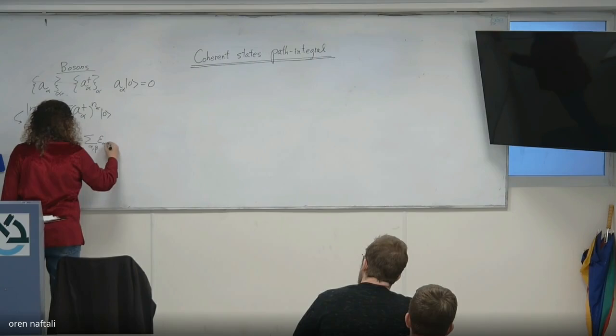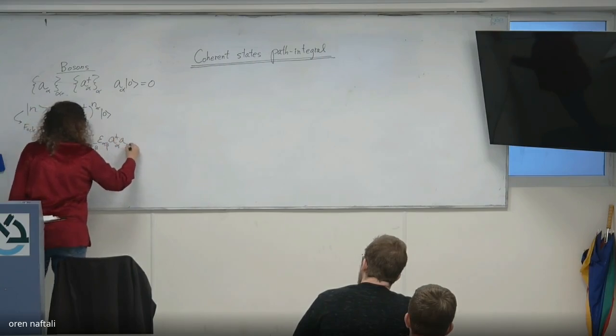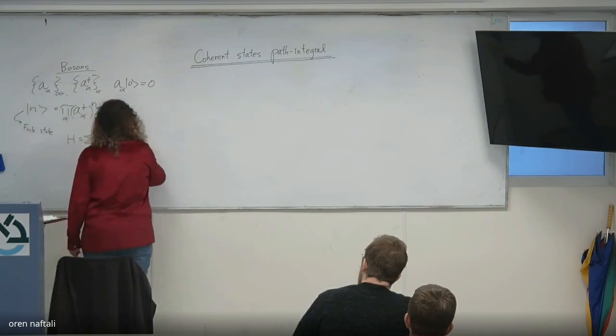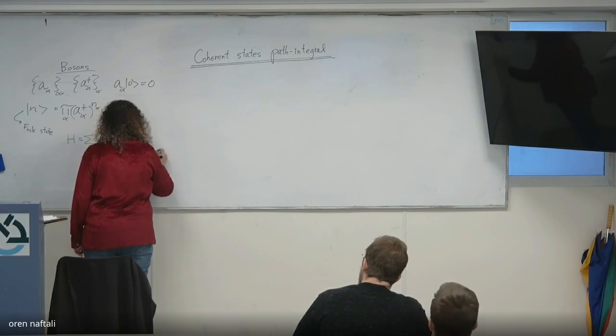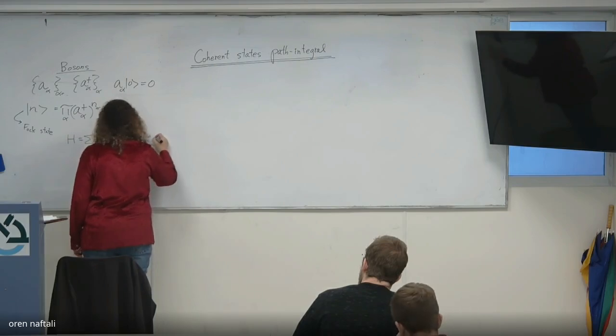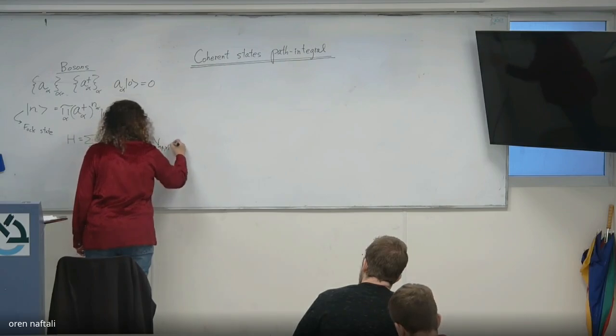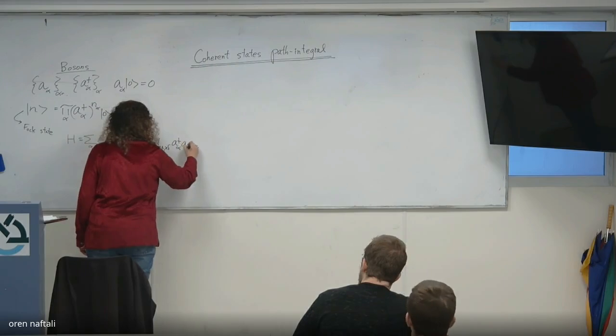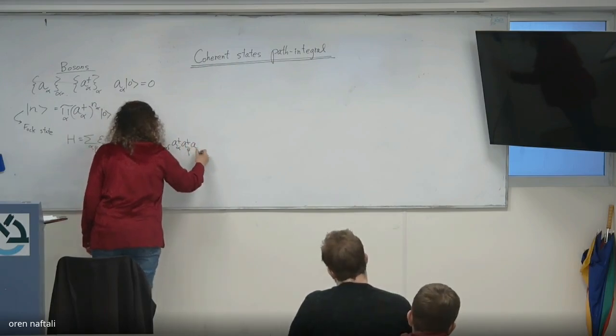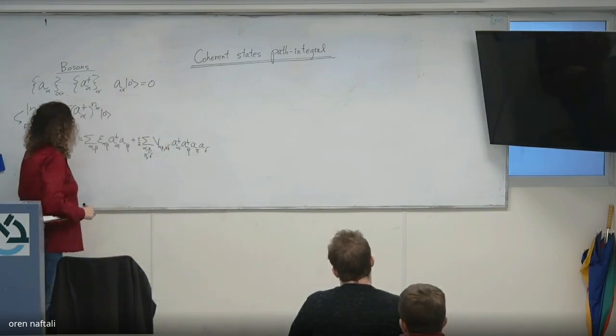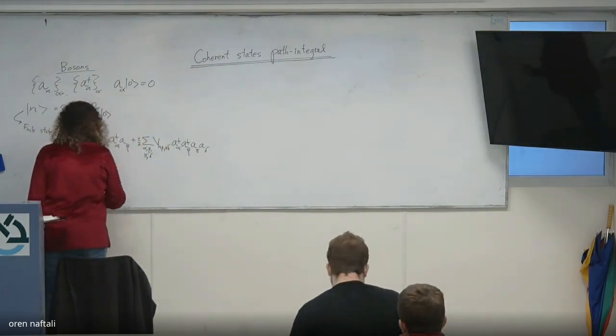So there is a single body part plus two body as a sum of generally four indices, alpha, beta, gamma, delta. Okay, something like that.